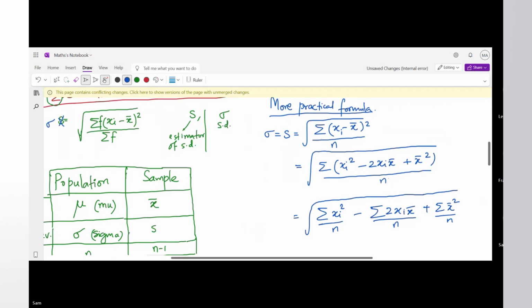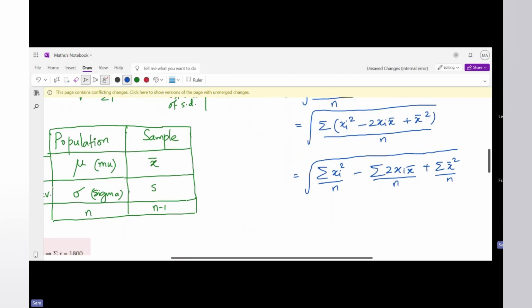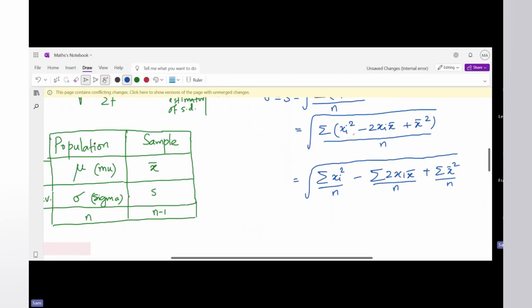Please stop me and ask if you don't understand something. So I've just used (a minus b) the whole squared and I've opened the brackets.